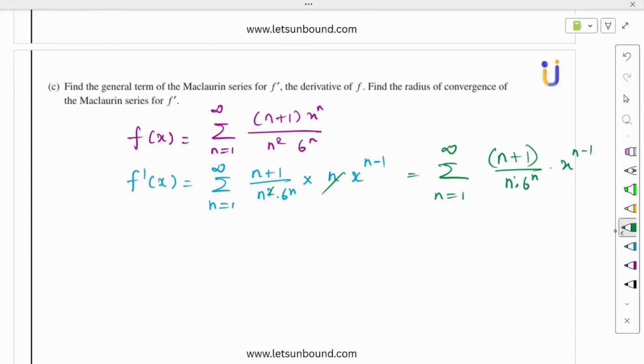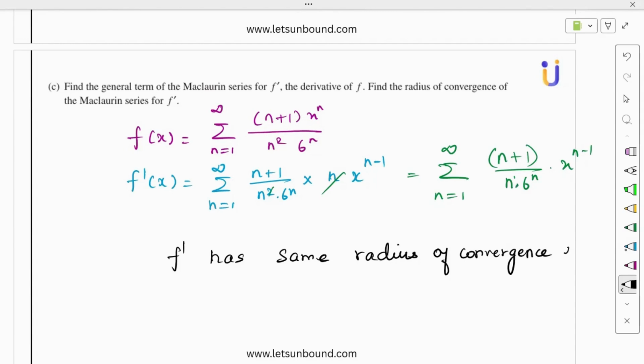Find the radius of convergence of the Maclaurin series for f prime. So the radius of convergence of f prime is the same as f. The derivative will not change the radius of convergence, so it preserves it. F prime has the same radius of convergence as F. Right?